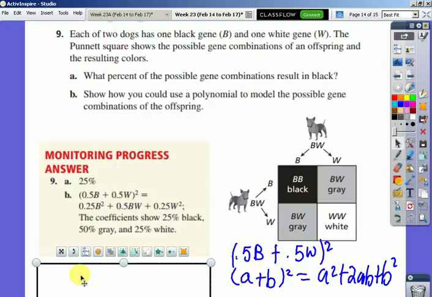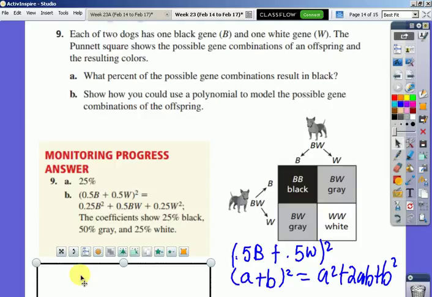Now if you look at this, it says, show how you can use a polynomial to model the possible gene combinations of the offspring. The coefficients show 25% black, 50% gray, 25% white. You can get that from here, of course, but you can model it with a polynomial. Does that make sense?